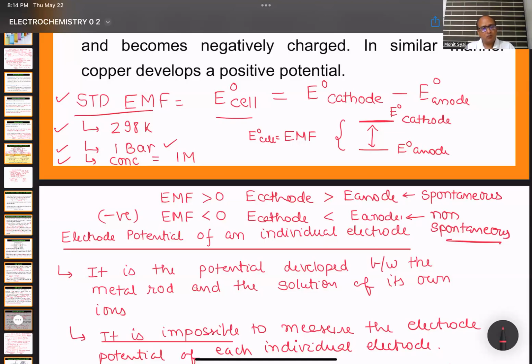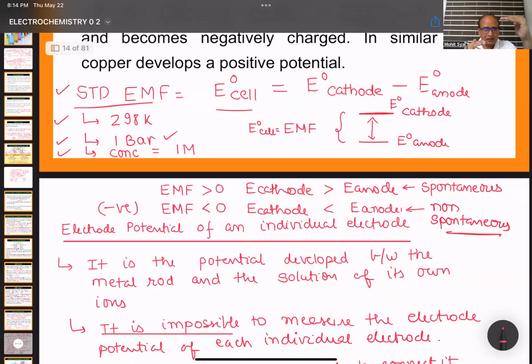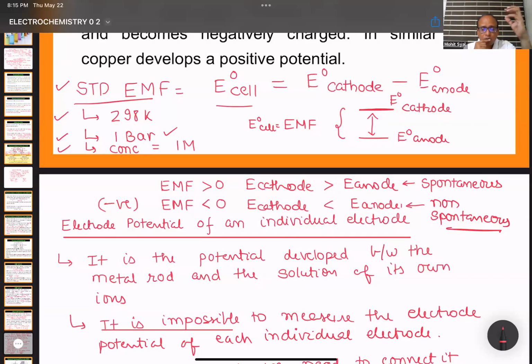Now we got stuck at one point. That was how to get the individual electrode potential. Until and unless the current flows through the two electrodes, we can't measure the electrode potential. And to make the current flow, you need two electrodes.